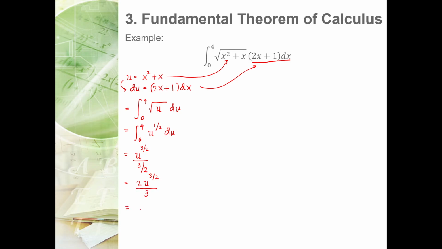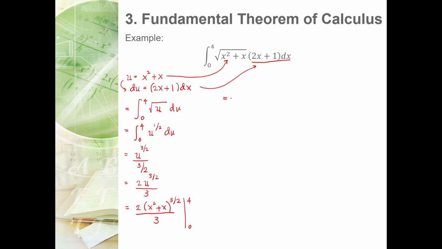So bring back the value of your u parameter. So that will be x squared plus x raised to 3/2 all over 3. Then apply the limits of integration from 0 to 4.